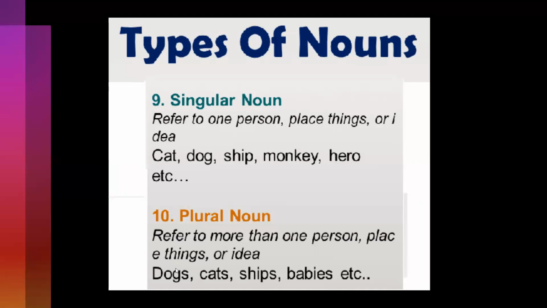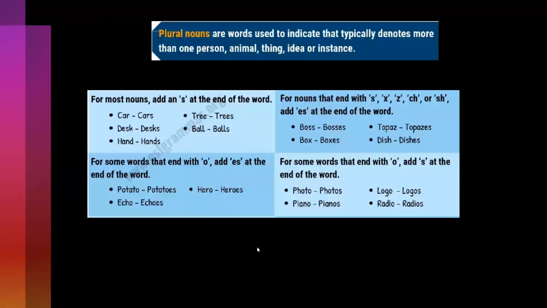For example, dogs, cats, and so on. How can we make the plural of the nouns? Well, in general, we add an S to the singular. For example, car, cars, desk, desks, hand, hands, and so on.